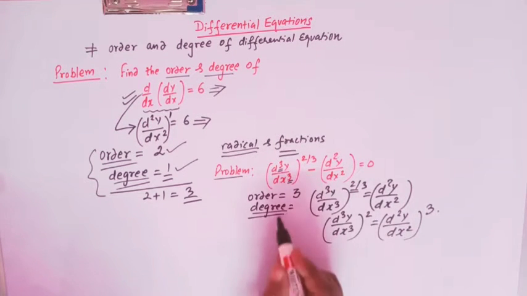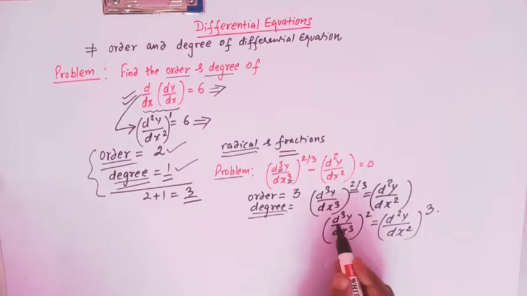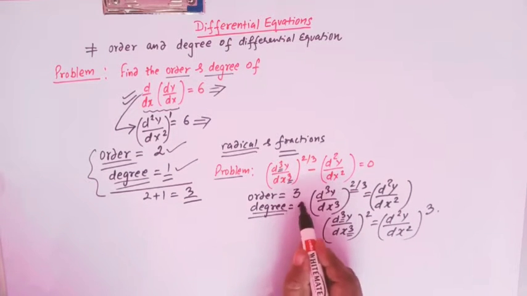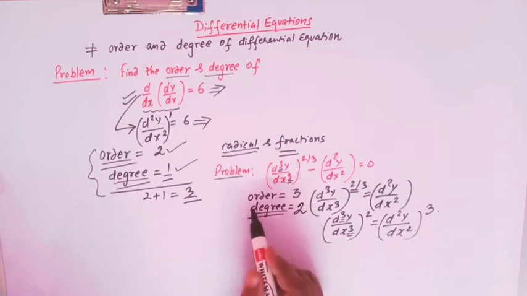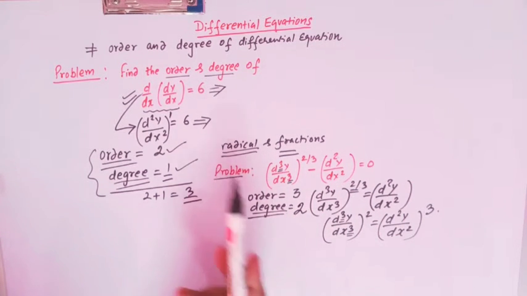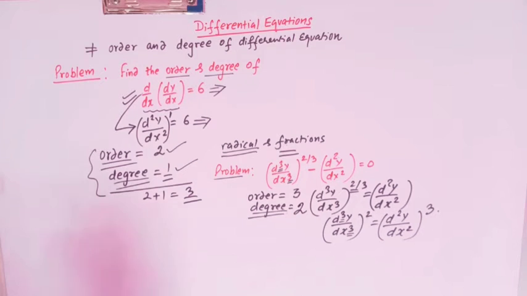So now the degree is given by the degree of the highest order derivative. The highest order derivative is 3, so the degree is 2, not 3, right? So this is how we find the order and degree of a differential equation.